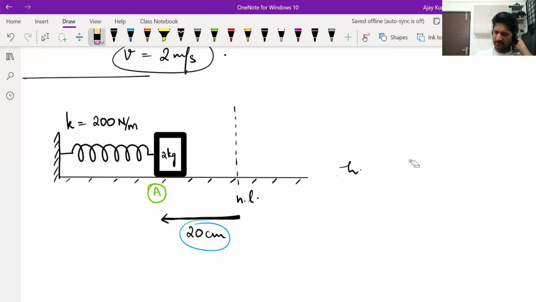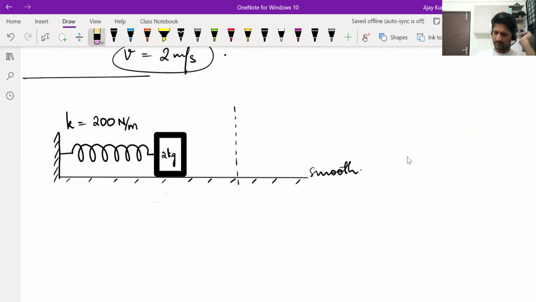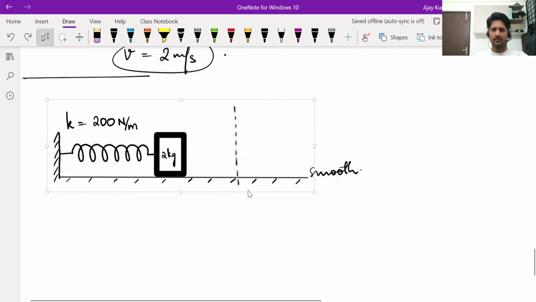Okay, smooth surface itself. In the meantime, you recollect what we did in the last question, okay?